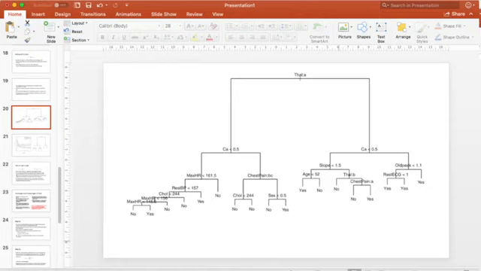We have a classification tree, because if you look at the terminal nodes, instead of having numbers, you have categories. You either have yes or no. And this is a classification tree, and we have the size T equal to 18.